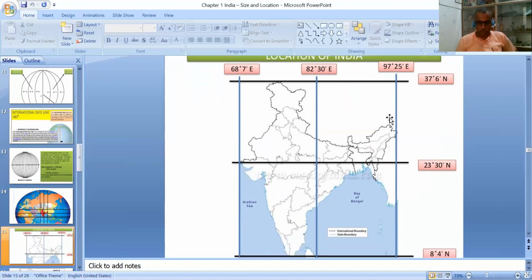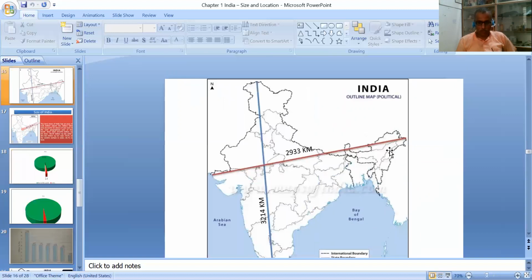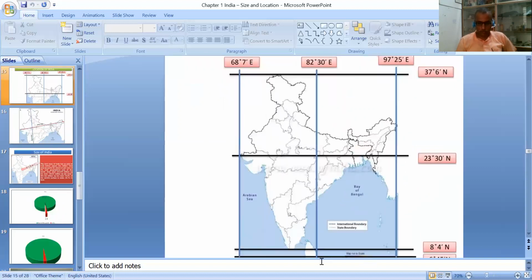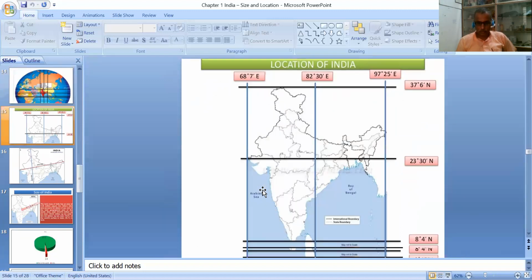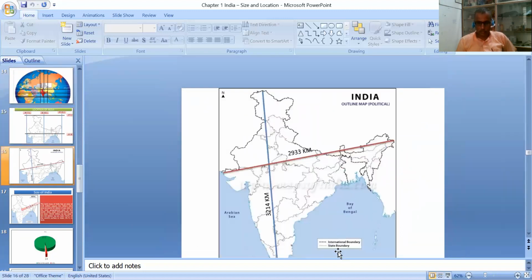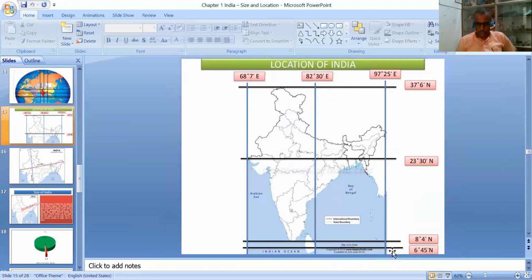Now let us come to the latitudinal position. Here two lines are drawn. Just look into this part. Two lines are visible for you here. Why are there two lines? The first line, the upper line, indicates 8.4 degree north.